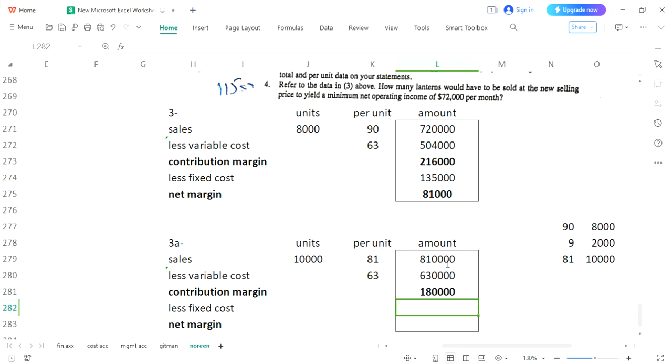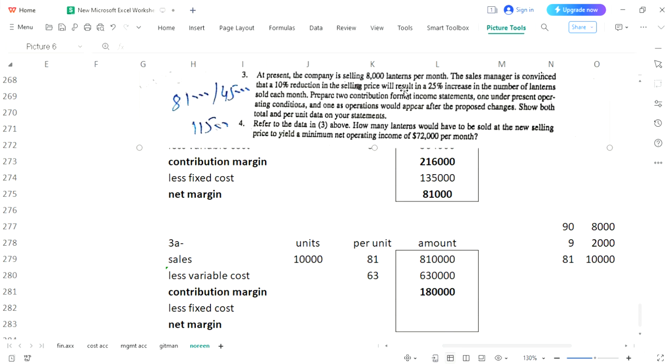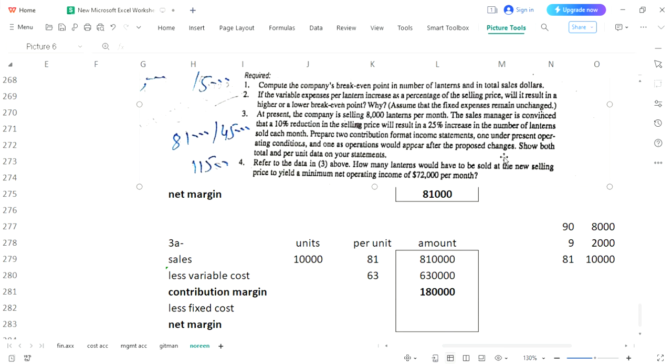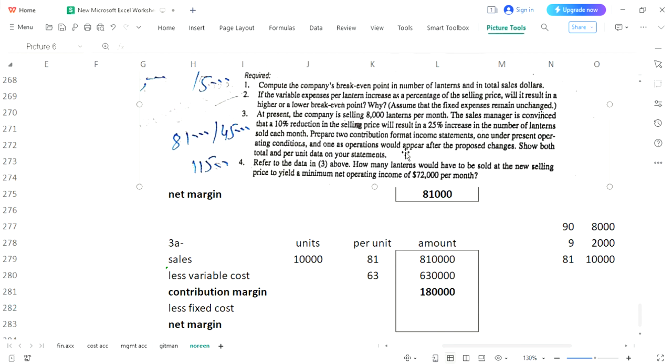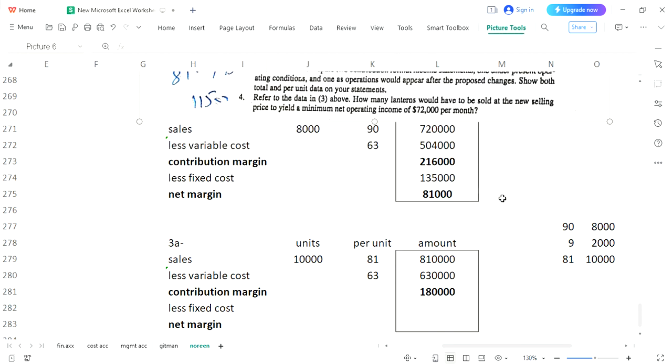Fixed cost will always be fixed, but here the statement does not mention any change in fixed cost. But we do understand that no matter how many units are increasing or decreasing, fixed cost will be the same. So again, fixed cost was 1,35,000.